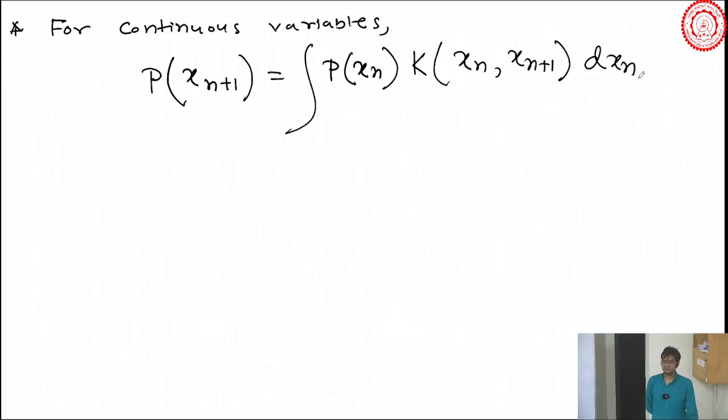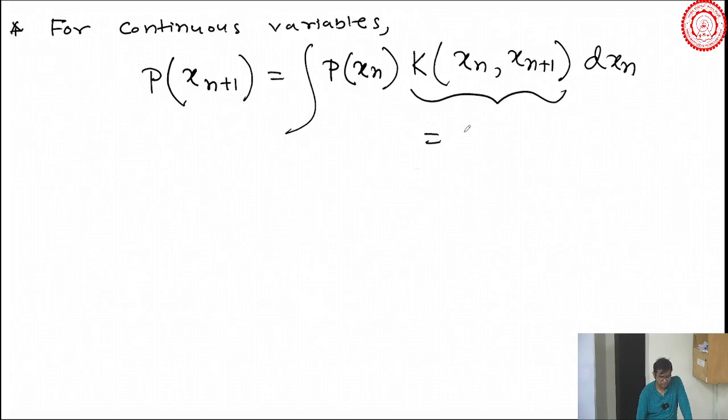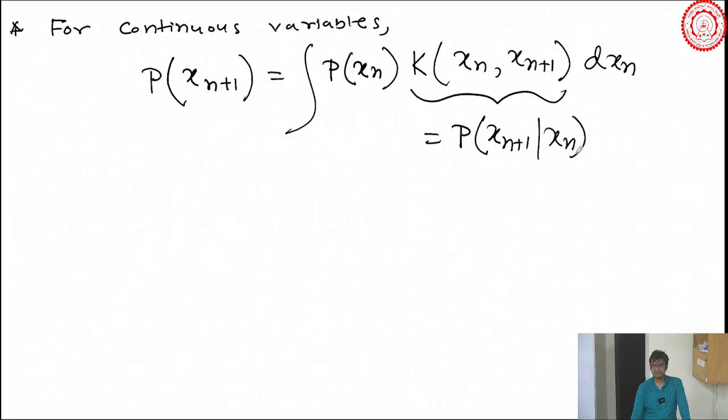You follow this? You will follow this if I write it down here that k of this is equal to the probability of x n plus 1 given x n. Now you should follow it, right? It's the conditional, and you know that by the definition of transition.